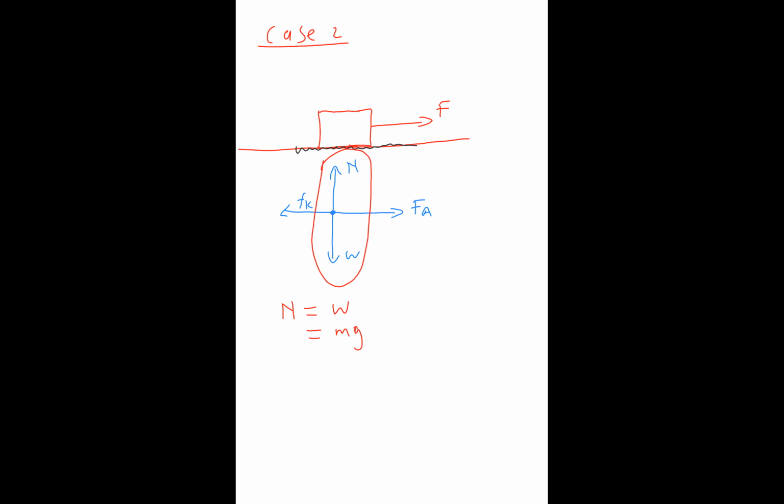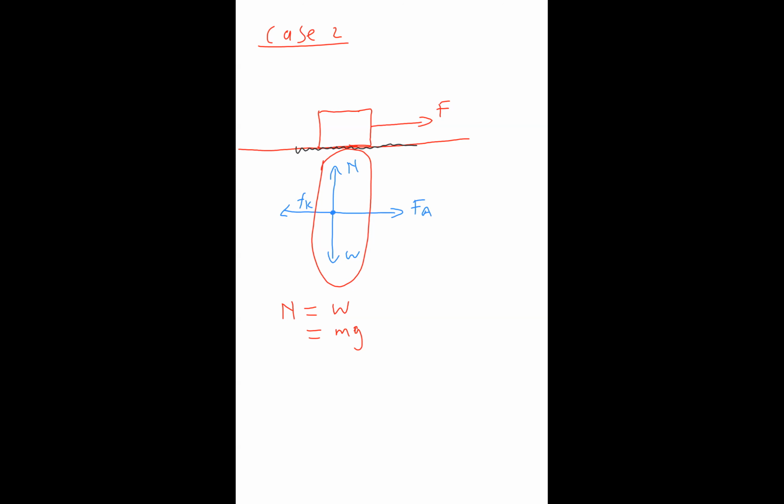This case is very, very much important. Actually, most of the learners understand these first two cases. They understand that normal is equal to weight, which is mg. But in all other problems, they just say normal is always like that. And that is not the case. Normal force is not always equal to weight. It depends on the certain problem.